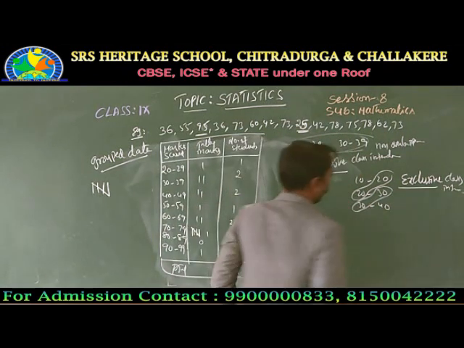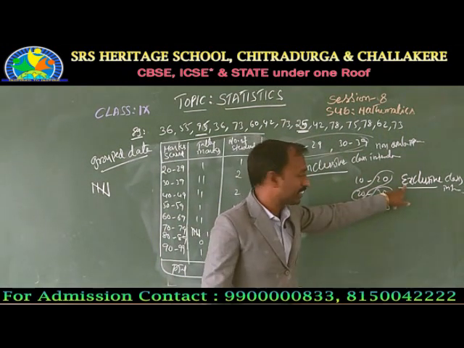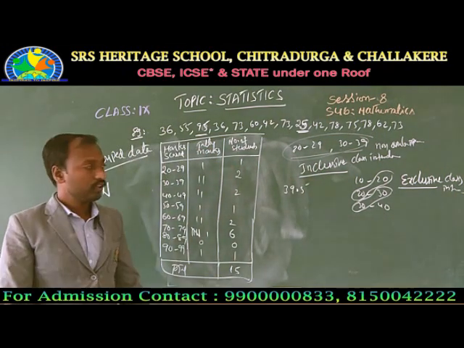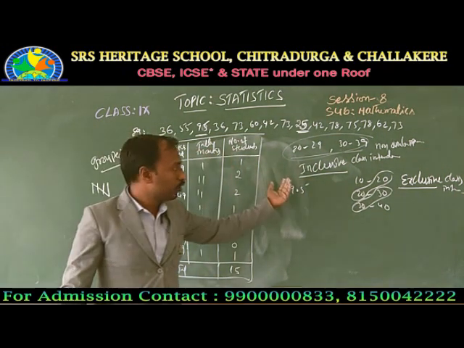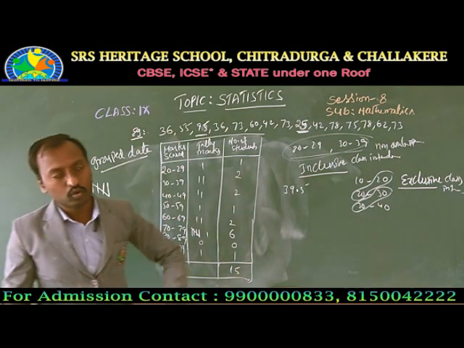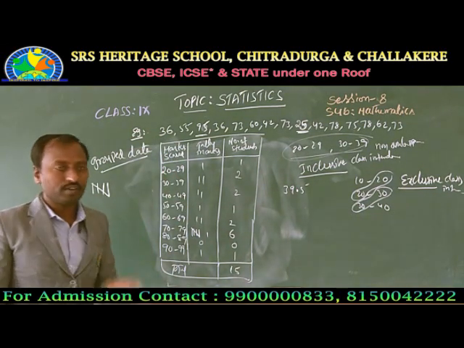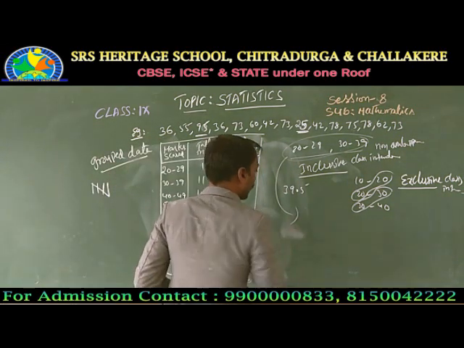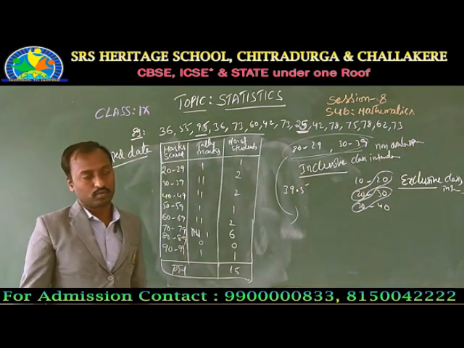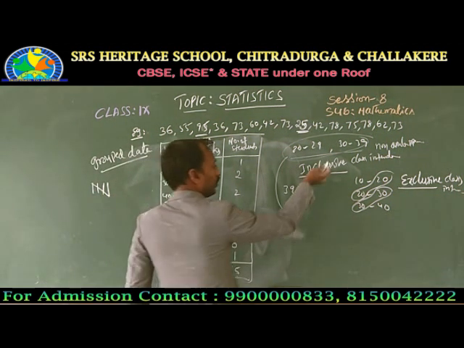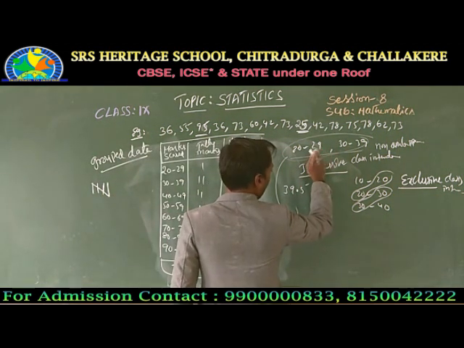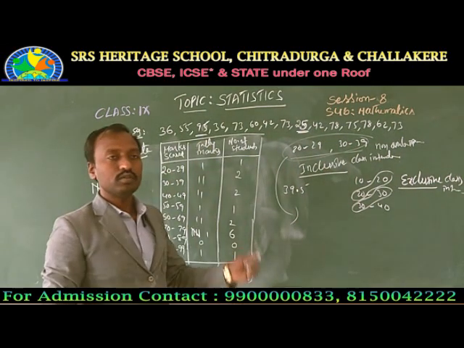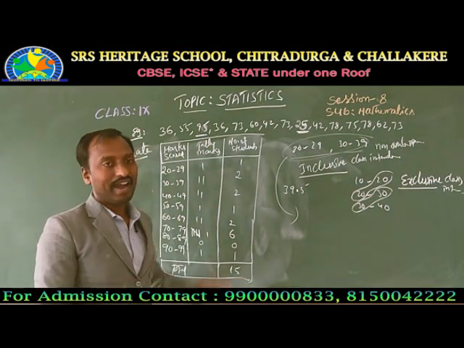Inclusive, exclusive. Exclusive, equal, E, first letter E. Inclusive, they are not equal. So every inclusive class interval can be converted into an exclusive class interval. In what way do I have to convert it, sir? How to convert an inclusive class interval to an exclusive class interval? Take half of the difference between the upper limit of a class and the lower limit of the next class.